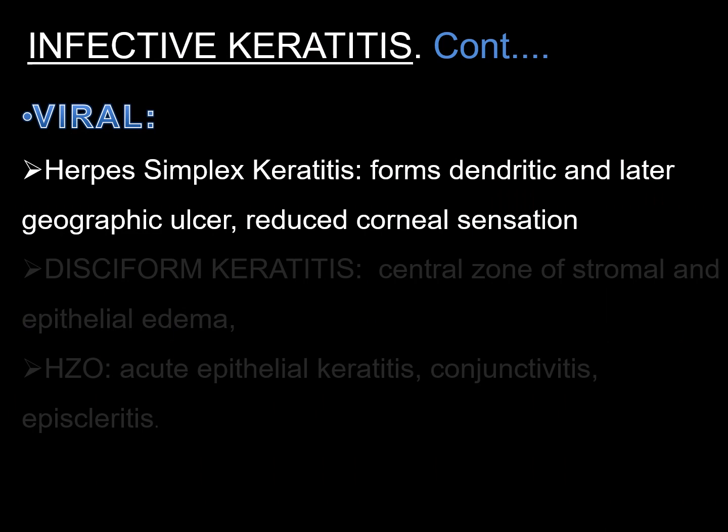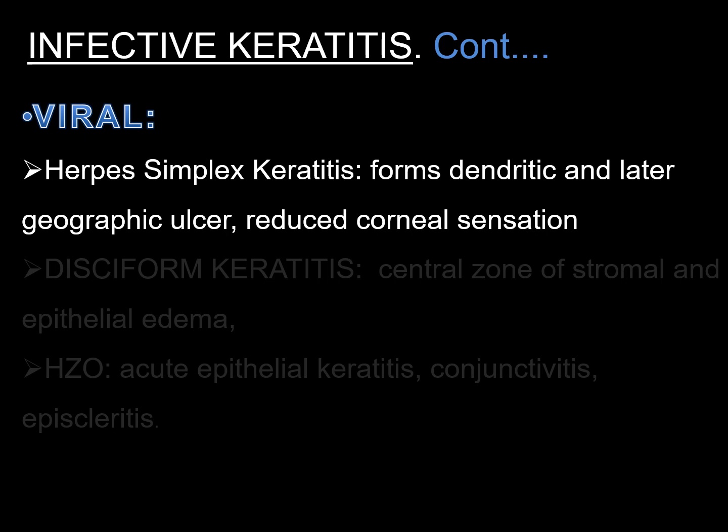Then viral keratitis, as we said before, can be quite easily managed if it's picked up early enough, but if it's left untreated, it can grow into a large viral keratitis, which can get secondarily infected by bacteria or fungi, and then you have a big problem.